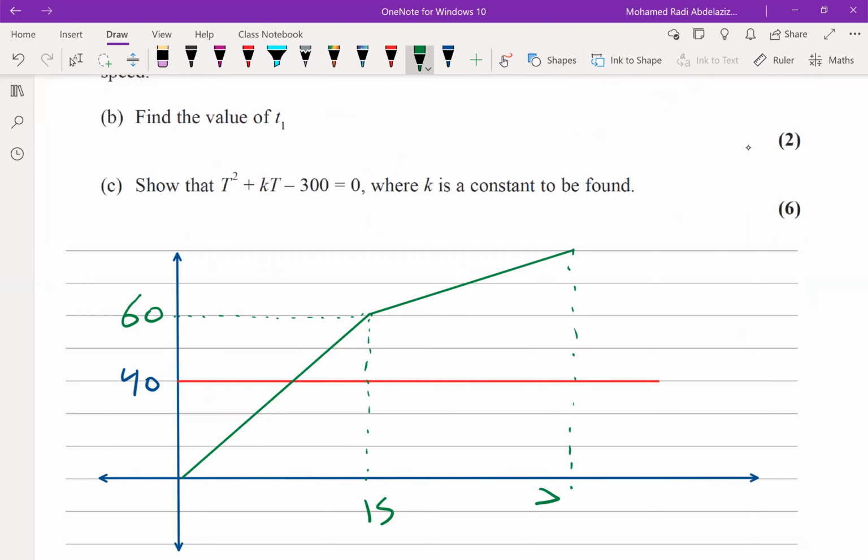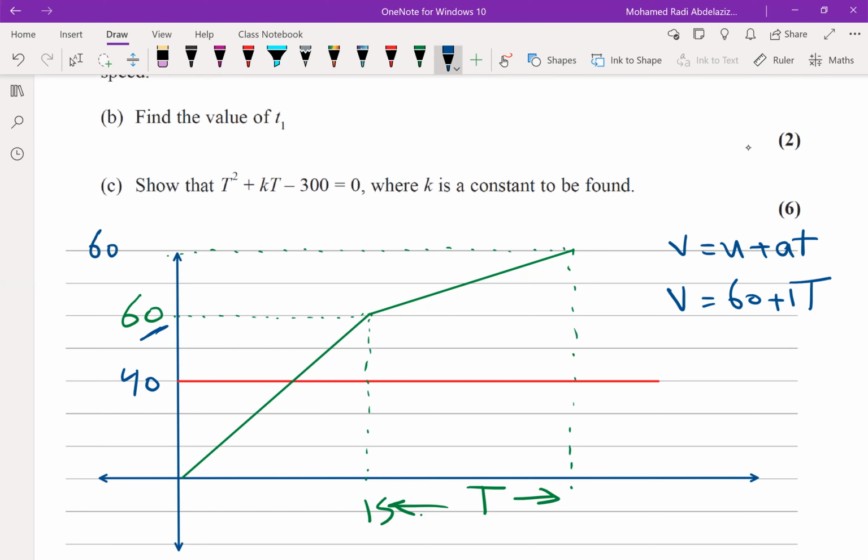The length of time here is t. You can find the final velocity in terms of t. In the second part, we use V equals U plus AT. The final velocity is the initial velocity, which is 60, plus acceleration 1 times time t, so it will be 60 plus t.